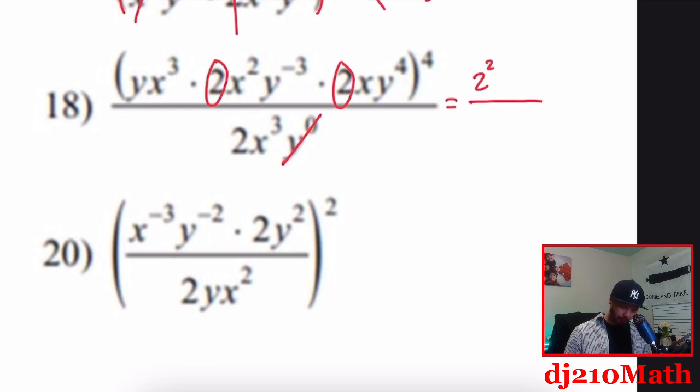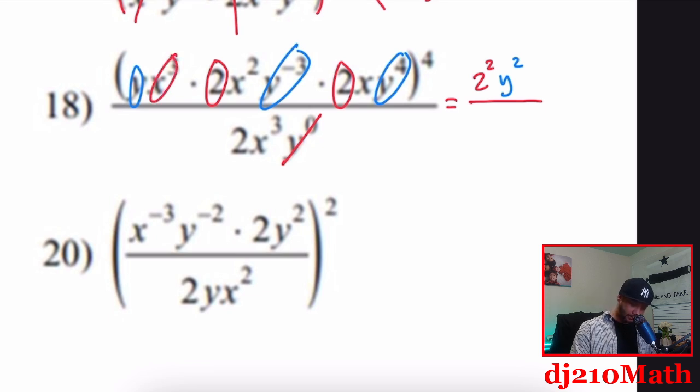All right, what else? We have y's, y's, y's. So we add all the exponents. So 1 plus negative 3 plus 4. So 1 and 4 is 5. 5 plus negative 3 is 2. So y squared. And then all the x's.